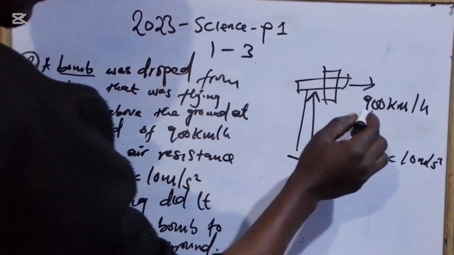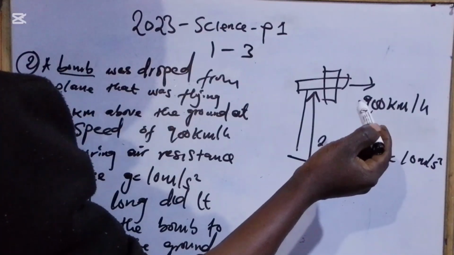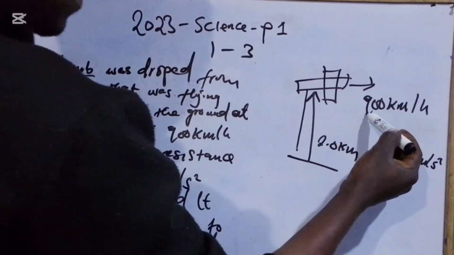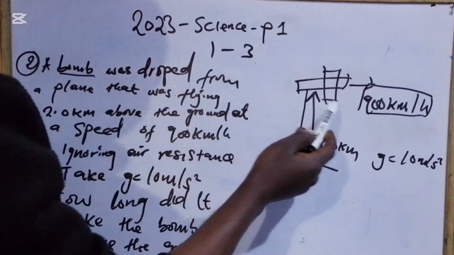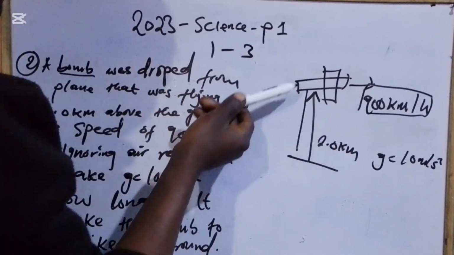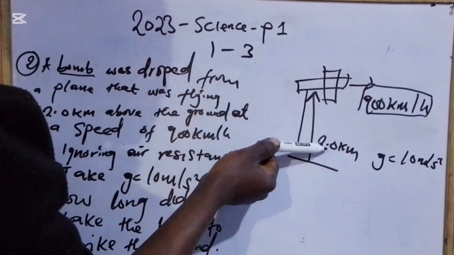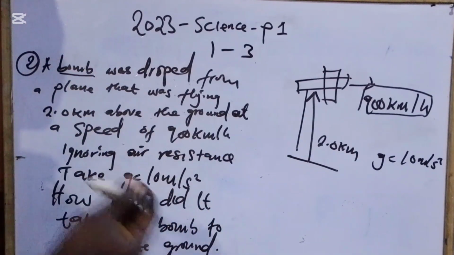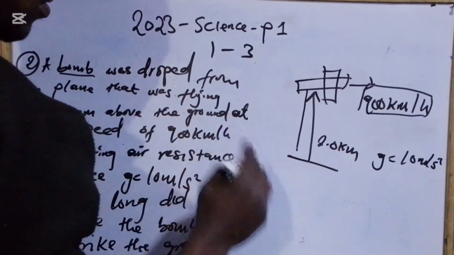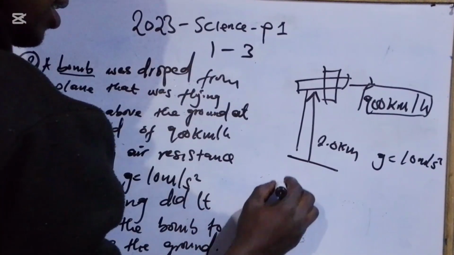Not every piece of data here should be picked. This one here should be ignored because it is the speed of the plane, but we are considering the bomb.